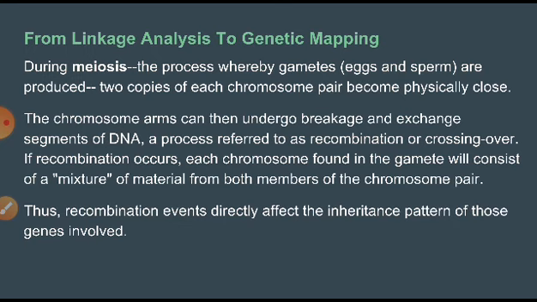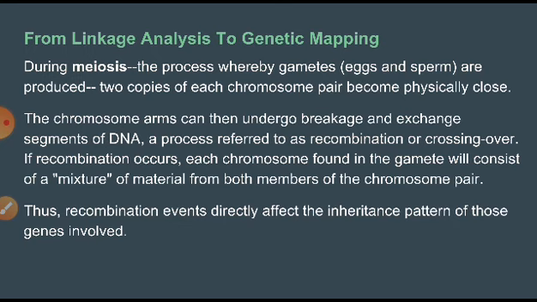From linkage analysis to genetic maps: during meiosis, the process whereby gametes are produced, two copies of each chromosome pair become physically close. Okay, this is a normal process. You know what happens in the mitosis process later; there also two units come closer.